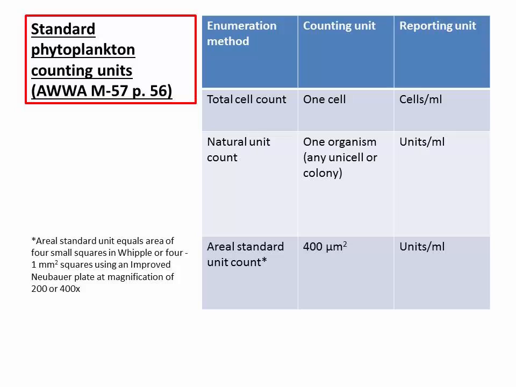And that gives you units per mil again, because you're using the natural units. And this, we're starting to condense down from counting so much to getting something that's reportable in a standard way.